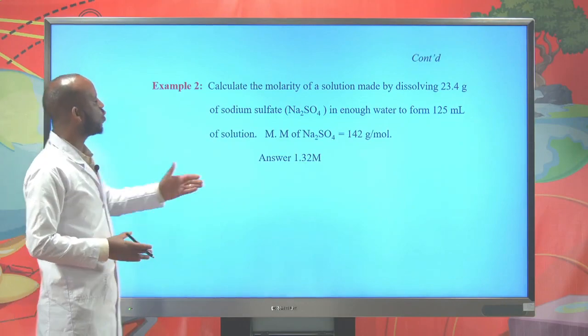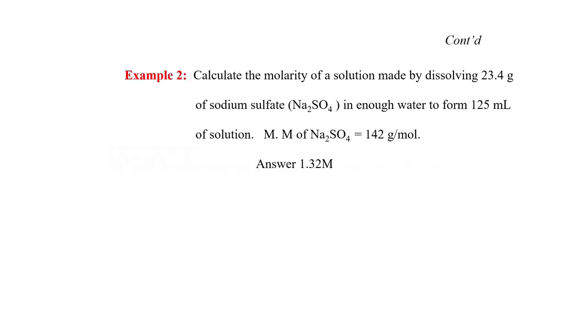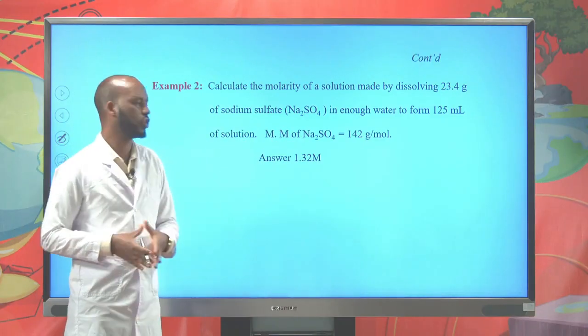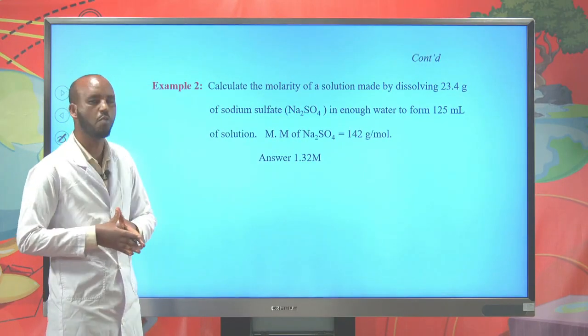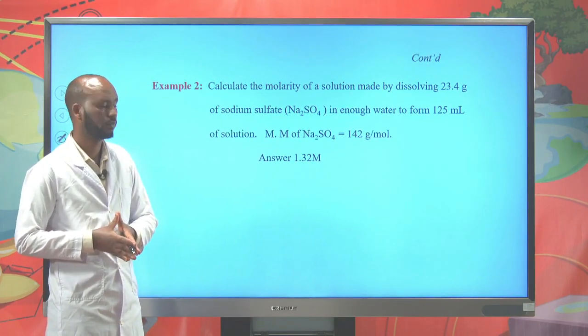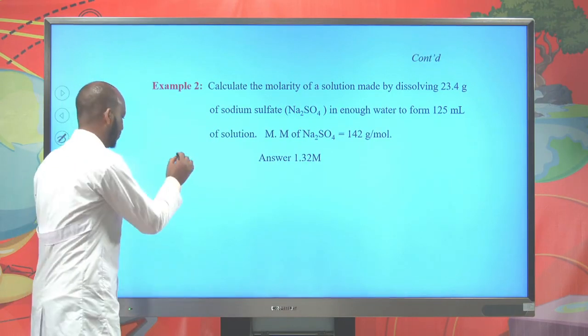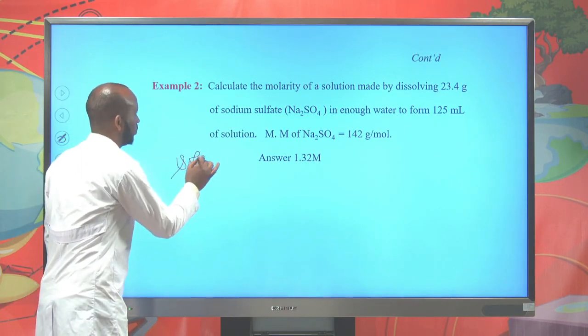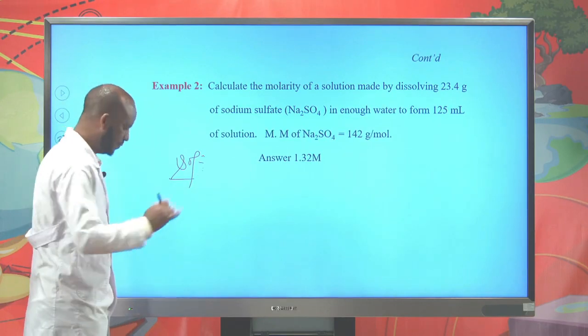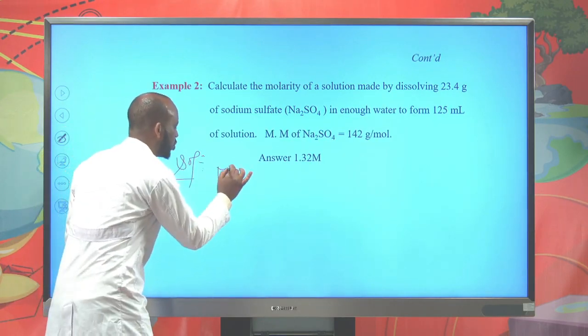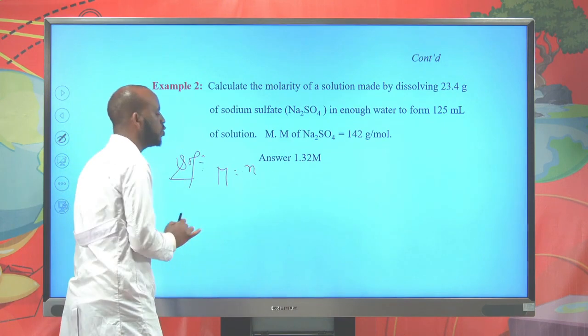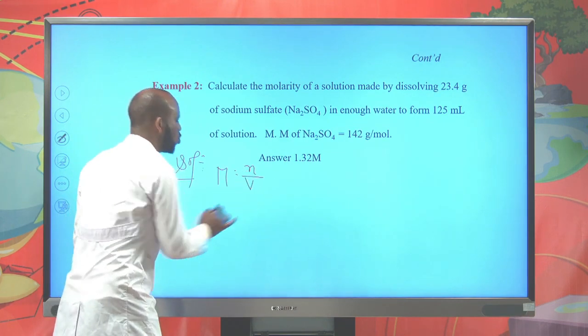Example 2, calculate the molarity of a solution made by dissolving 23.4 gram of sodium sulfate in enough water to form 125 milliliter of solution. Molar mass of sodium sulfate is 142 gram per mole. Let us do together. Molarity of the solution equals number of moles of solute divided by volume of the solution.